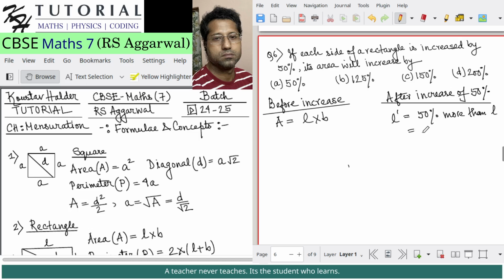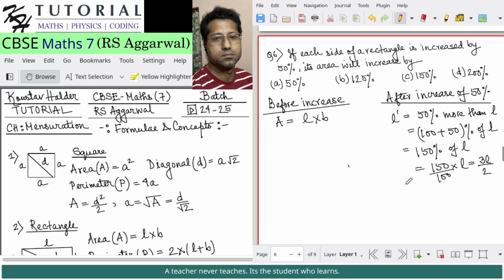So the new length will be 50% more than L. This is nothing but 100 plus 50% of L. 50% more means 100 plus 50% of L. Now this is 150% of L. This is 150 by 100 multiplied by L, and after simplifying 150 by 100, it will be 3L by 2. So the new length is 3L by 2.